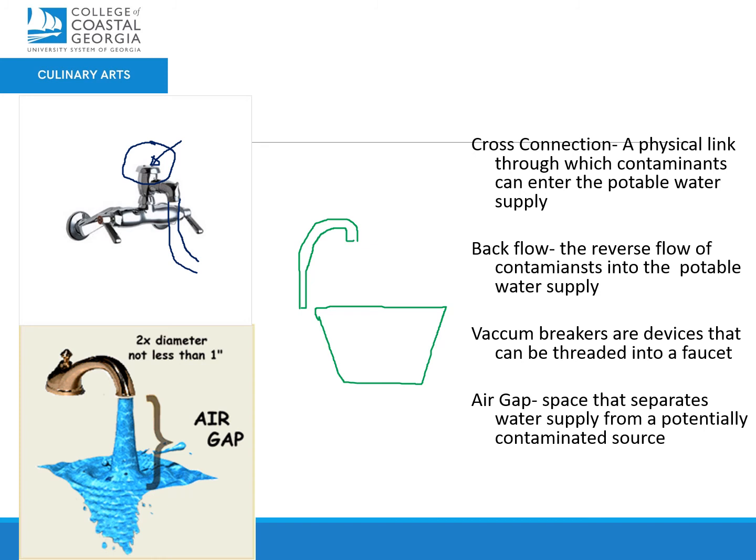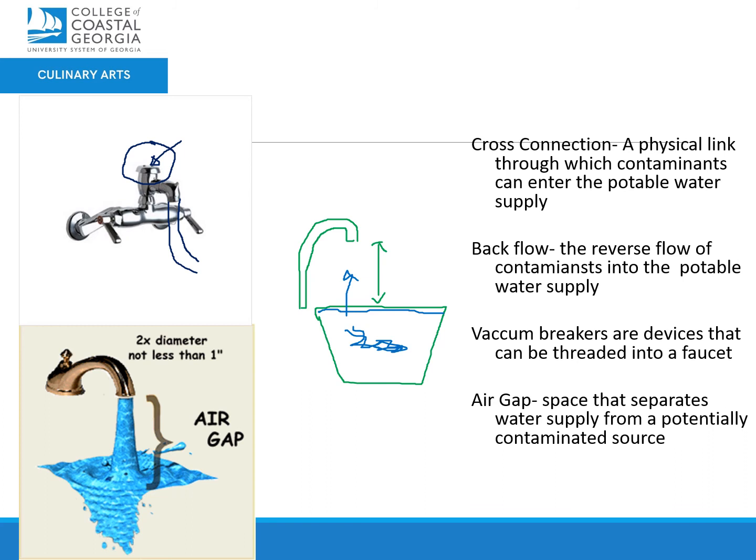This gap right here is the air gap that separates the water, because the water level in the sink could go right to the top. There is no way that if the water down here is contaminated, it can jump up into the faucet. It's not going to happen.